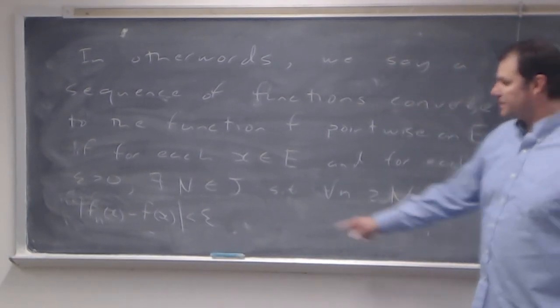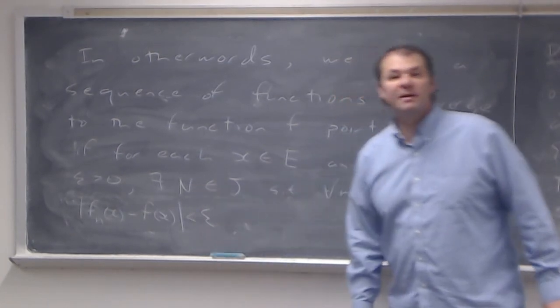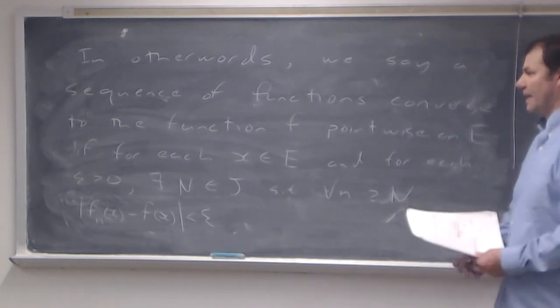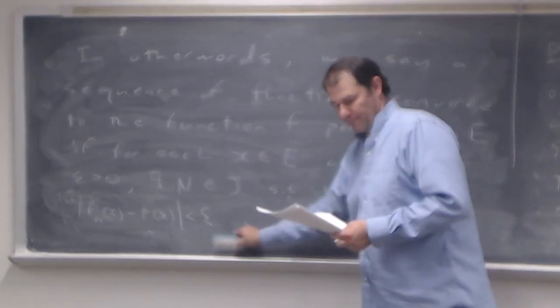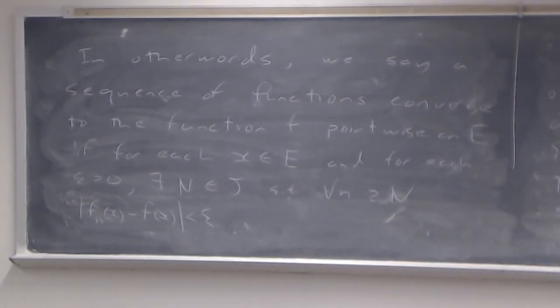Now that spot n will depend on epsilon, and it will also depend on the x for pointwise convergence. So that's what we have. We're going to do examples of this pointwise convergence a little later. But first I'm going to write down another definition.